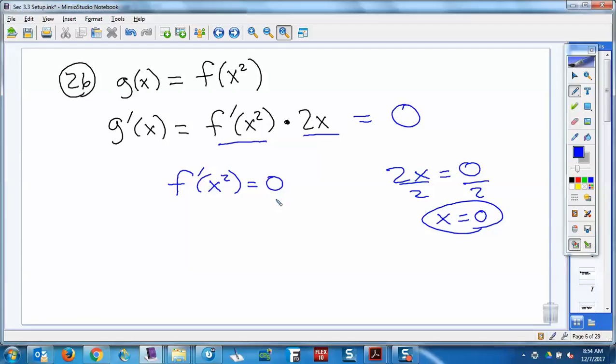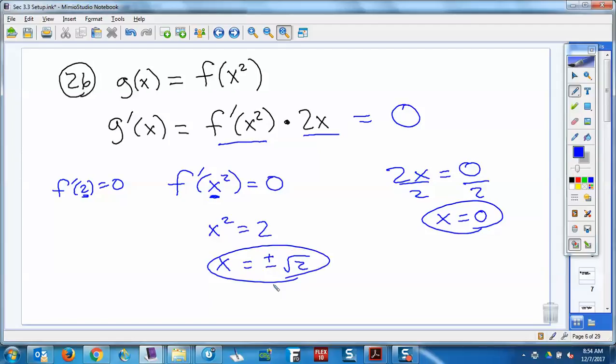Well, what's our input here? In other words, F prime of 2 is 0. You'd all agree with that? So doesn't X squared have to be 2? So what's X got to be? Plus or minus square root of 2.